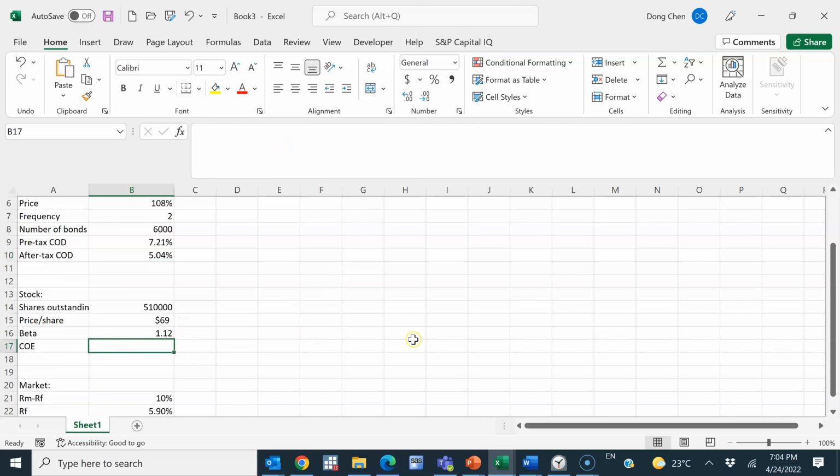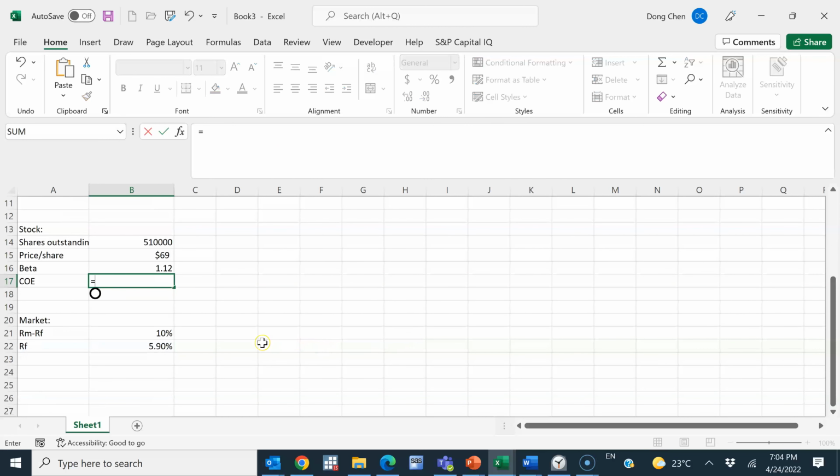And cost of equity basically is, we know the beta, right? So we can use the CAPM, capital asset pricing model, to calculate the cost of equity. So CAPM says that cost of equity, if I write down the formula, is RF plus beta times (RM minus RF), right?